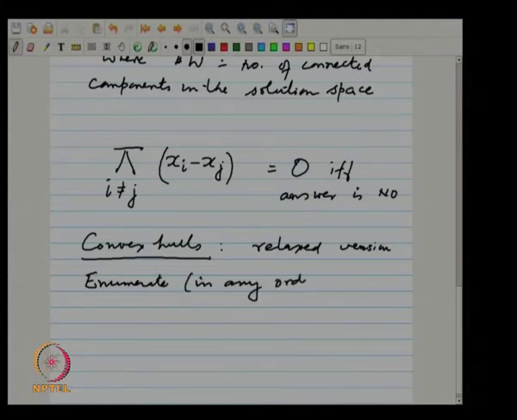So, I am not imposing any kind of sorted order. Okay. So, this could be one version.